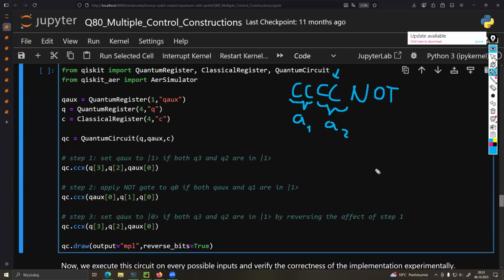So first of all, when I have 4 control qubits and then a target, I need 2 ancillas. So now I have to have 7 qubits total to make a single calculation, right?